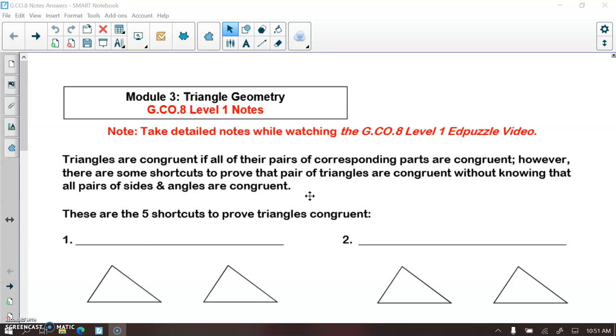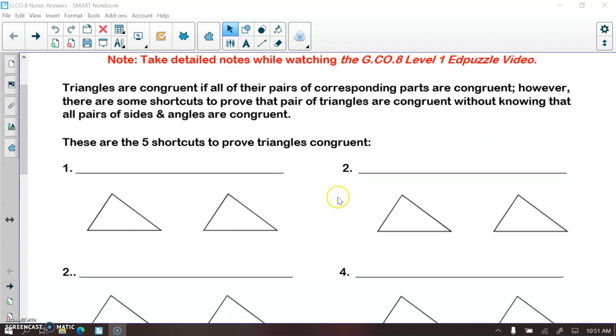However, there are some shortcuts that prove triangles congruent without knowing that all pairs of sides and angles are congruent. And we're going to go through those 5 shortcuts right now.